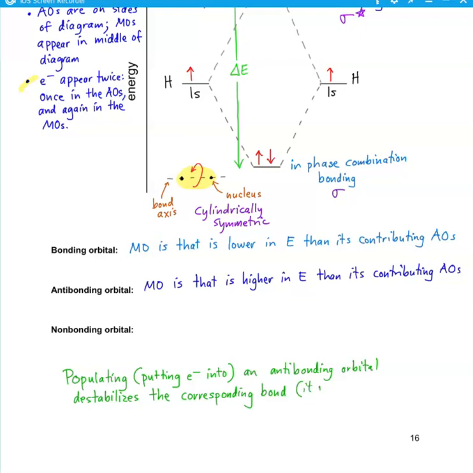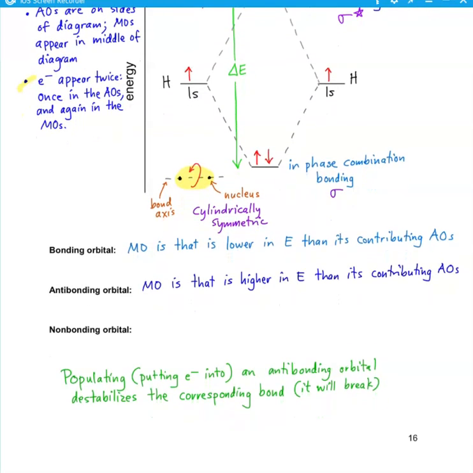And for what we'll see, that means that the bond will break. So if you put electrons into an antibonding orbital that's associated with a particular bond, that bond is going to break.